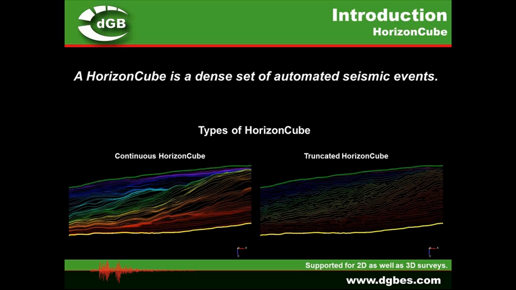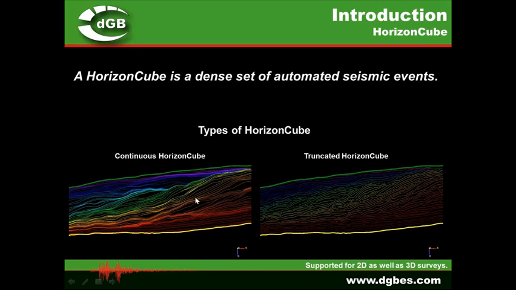What is a HorizonCube? For those who don't know about it, HorizonCube is a dense set of automated seismic events. The events are automated using the seismic dip and azimuth information. There are two types of HorizonCubes. One is continuous HorizonCube, the other is truncated HorizonCube. Examples you see at the bottom.